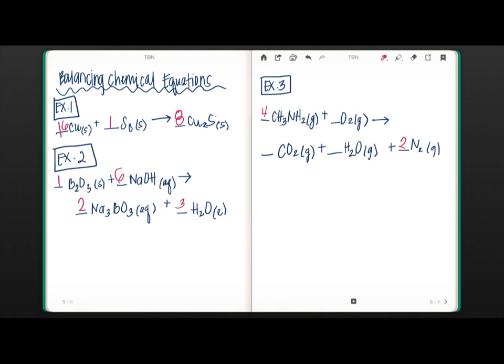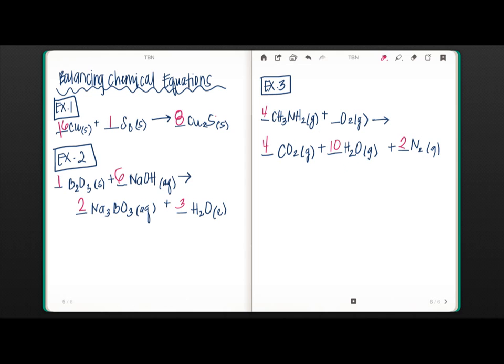So then, on this side, we see that there are 4 carbons, so put a 4 in front of the carbon there, balance it. And then you have 5 hydrogen here, but you have to multiply that by 4, which makes it altogether 20 hydrogens on the reactant side. So since you have 20 hydrogen here, you have to make this 20 as well. So that means the coefficient has to be 10, because 10 times 2 equals 20.